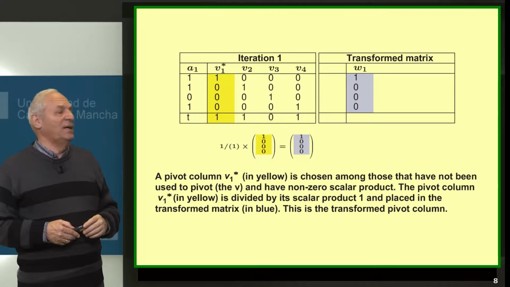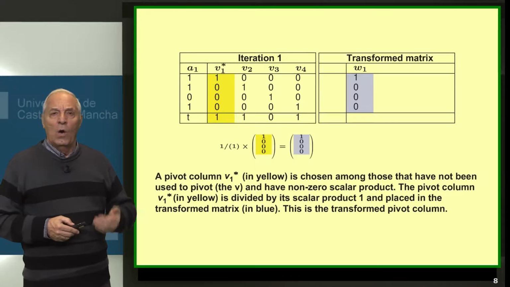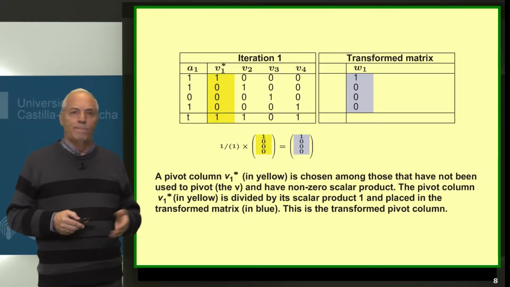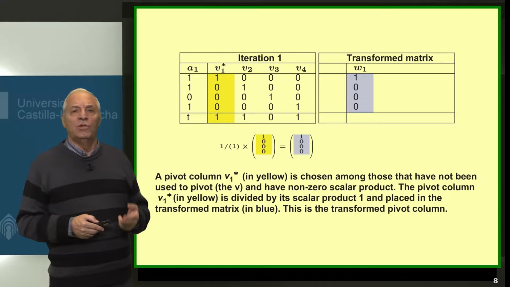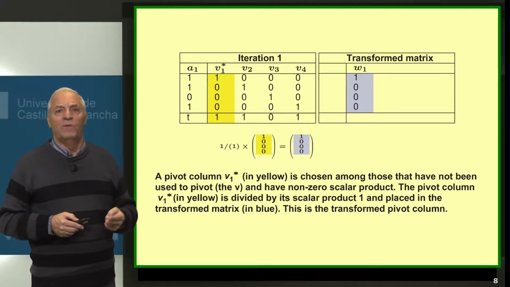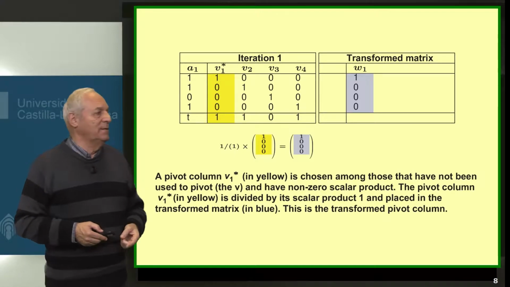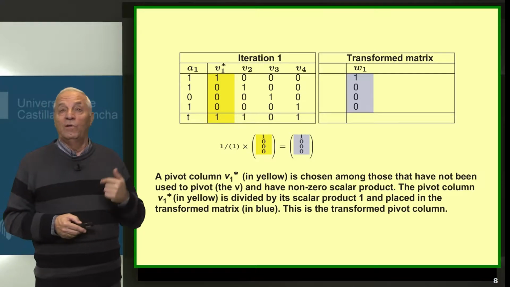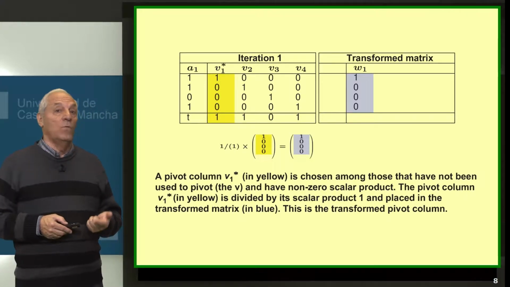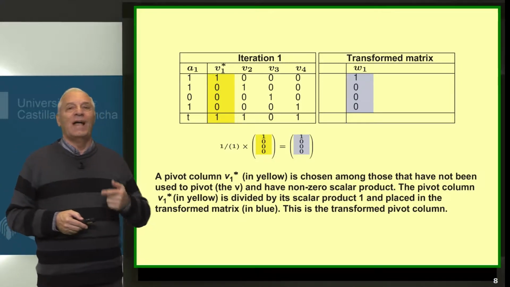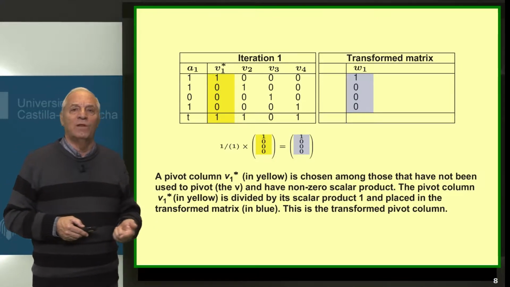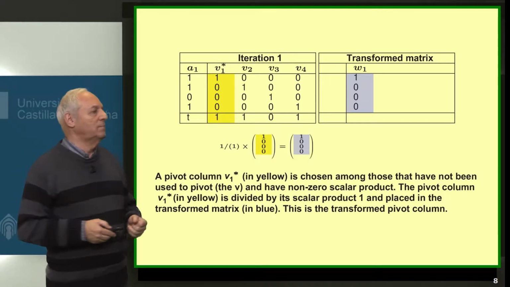Once we have the scalar products, you have to choose a column to pivot, which has to satisfy 2 conditions so that it can be used. The first condition is that it has not been used before for pivoting. For that, when we use a column of the matrix as pivot, we change its name from V to W. The second condition is that the scalar product cannot be 0.